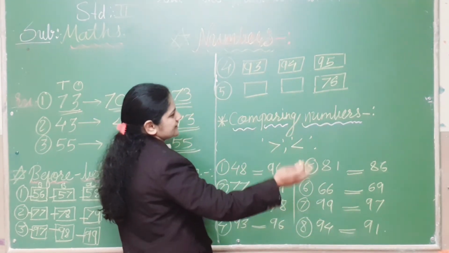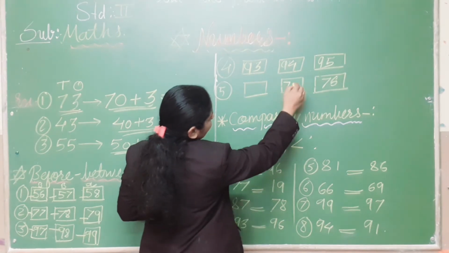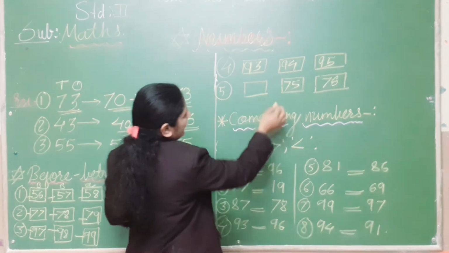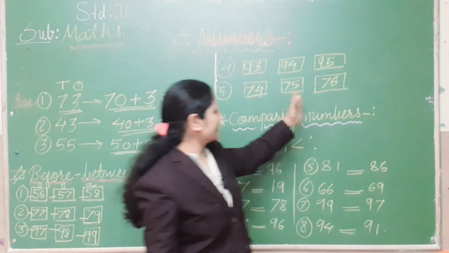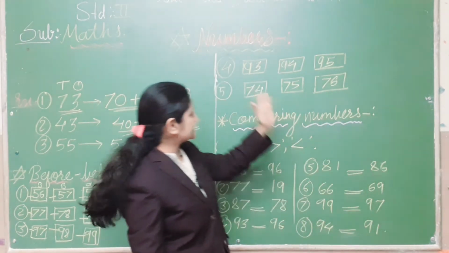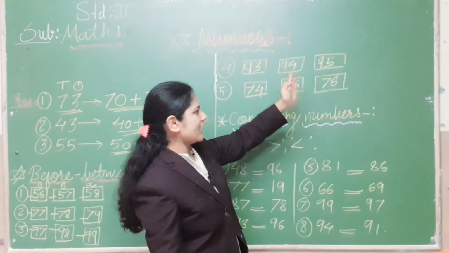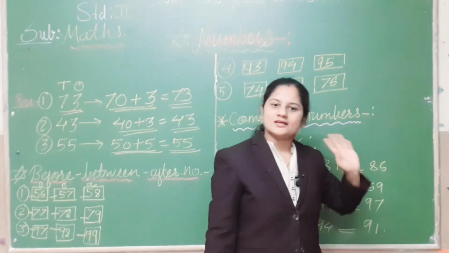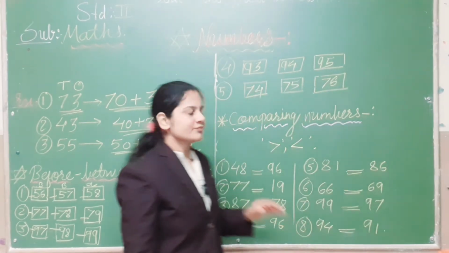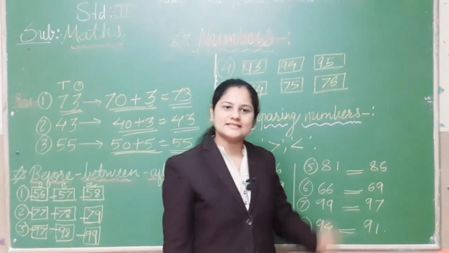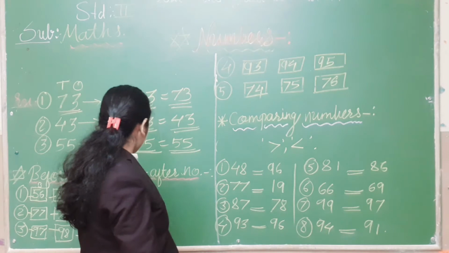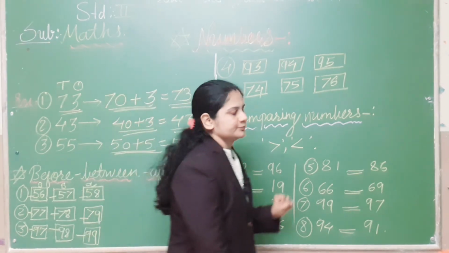Then for 76, write down first the between number 75 and then 74. Automatically the numbers become in order, that is 74, 75 and 76. Like this, in your book some examples are there. You have to complete those examples. Number before, between and after.